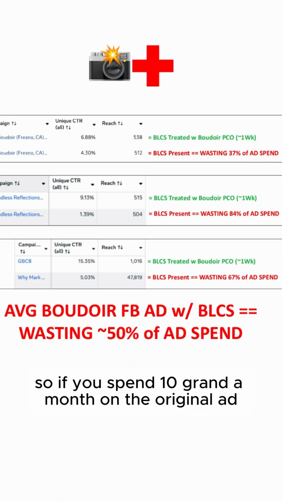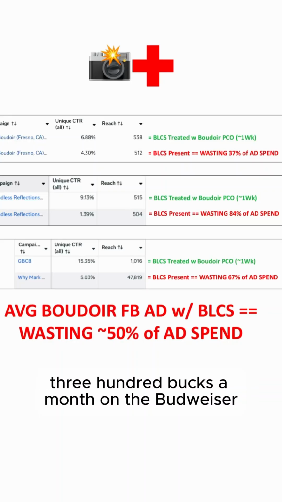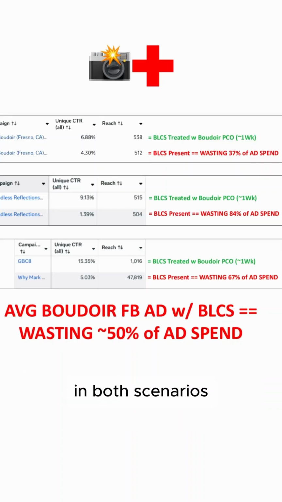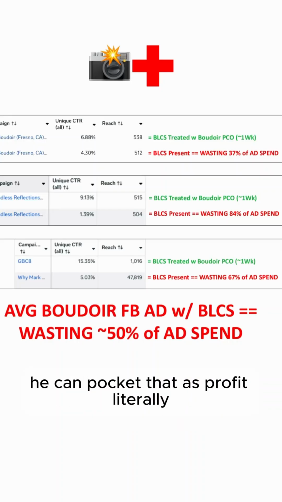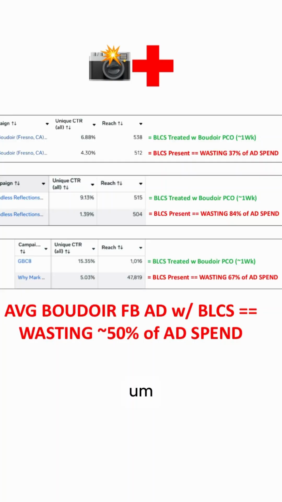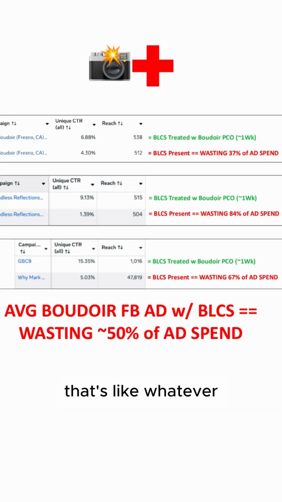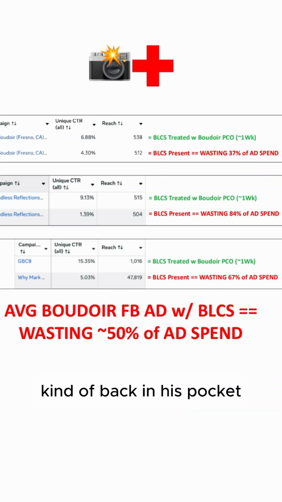If he's spending 10 grand a month on the original ad, now he only has to spend 3,300 bucks a month on the Boudoir Pico treated ad, and he gets it into the same number of women's brains in both scenarios. So that 6,700 bucks a month being wasted, he can pocket that as profit, literally every single month. So it's like an 80K bonus over the next 12 months, back in his pocket.